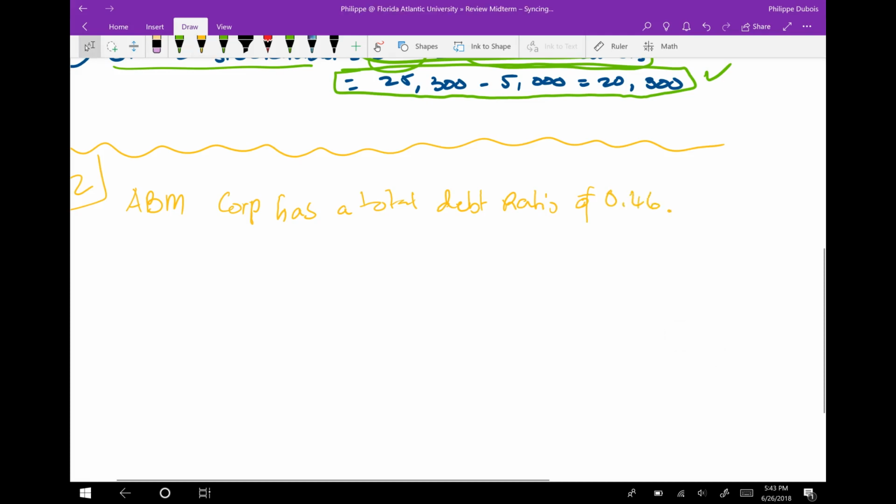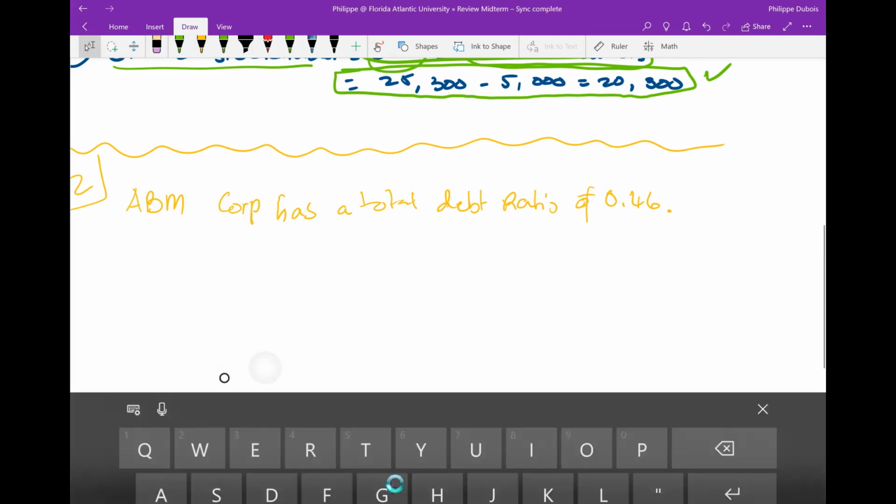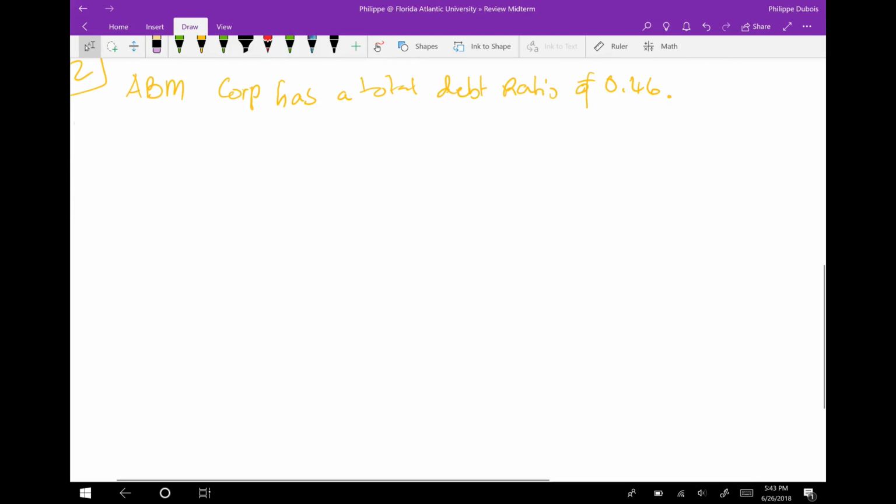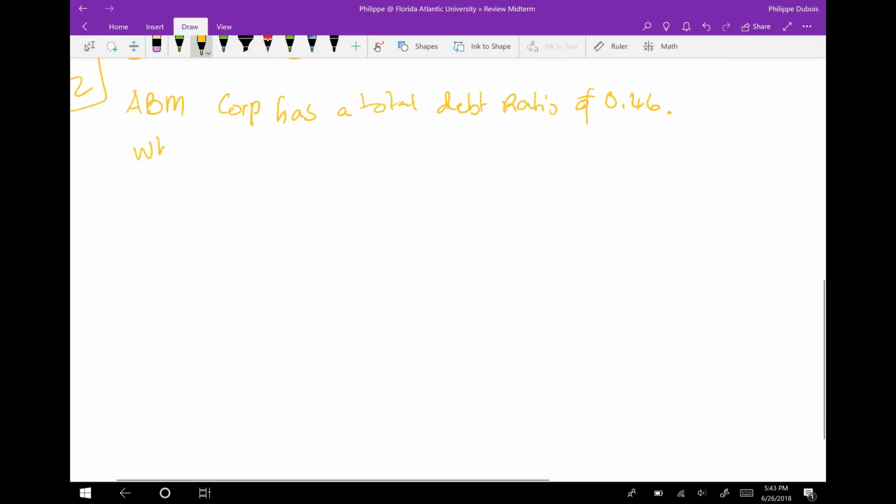All right, so ABC Corp has a total debt ratio of 0.46, and the question is, what is the equity multiplier, also known as EM? What is the equity multiplier?